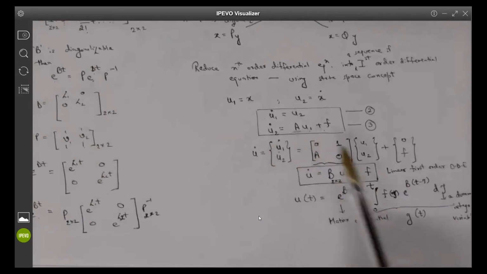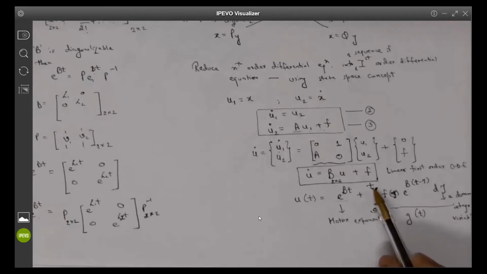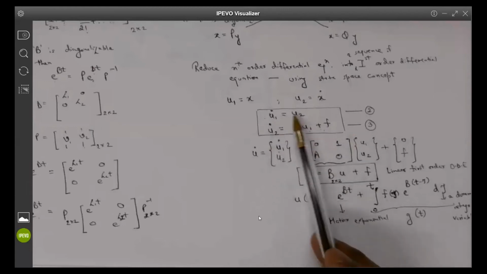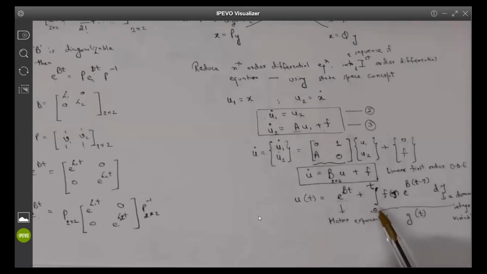If you actually solve this, you will find that you end up with this integral with lower limit 0 and upper limit the specified variable t. It is actually coming from the initial condition. When you solve this first order differential equation, you need one initial condition, and that initial condition is manifested in the lower limit of the integral as 0.